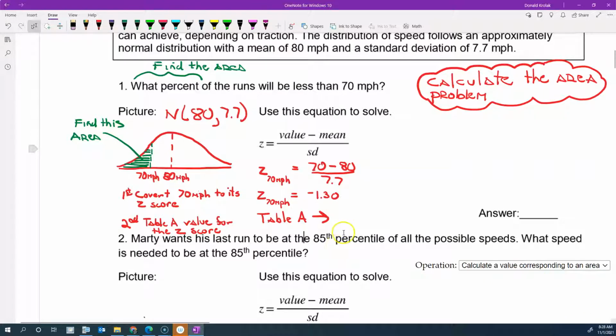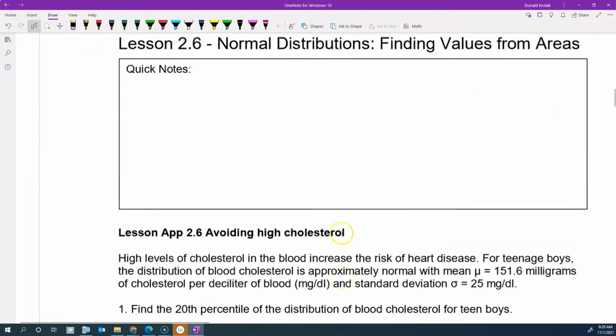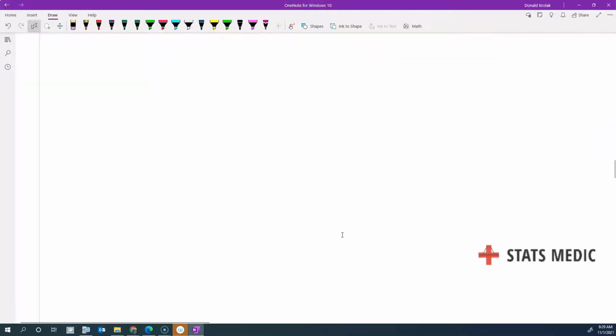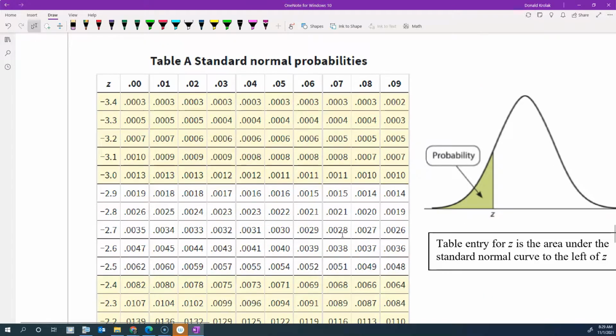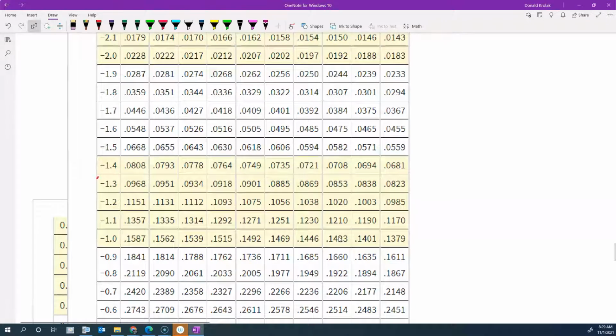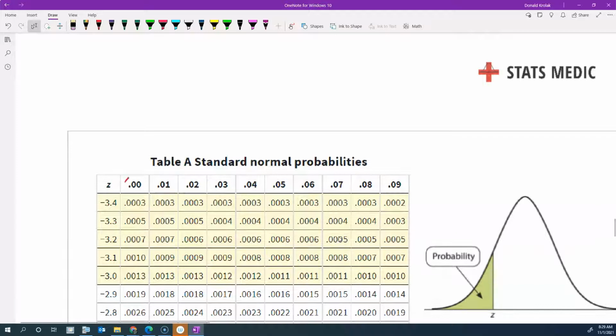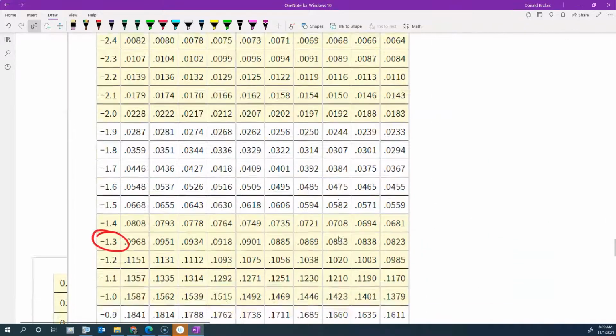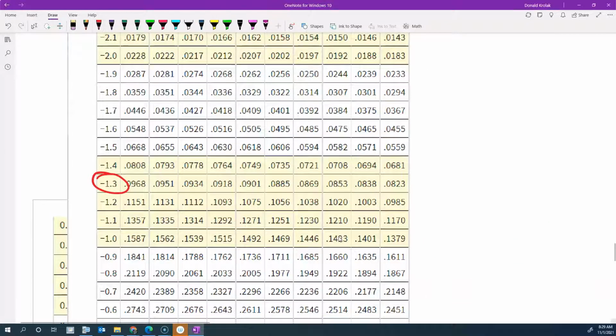All right, so we're going to go to our table here. Negative 1.30. Negative 1, there's 1.3, and then 0 would be this first column. So there's my value.